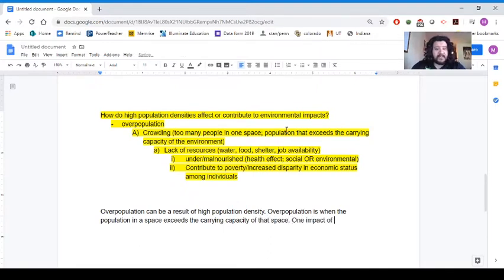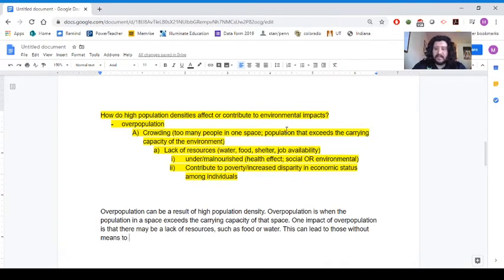One impact of overpopulation is that there may be a lack of resources such as food or water. This can lead to those without means to collect or gather food and water to become malnourished.